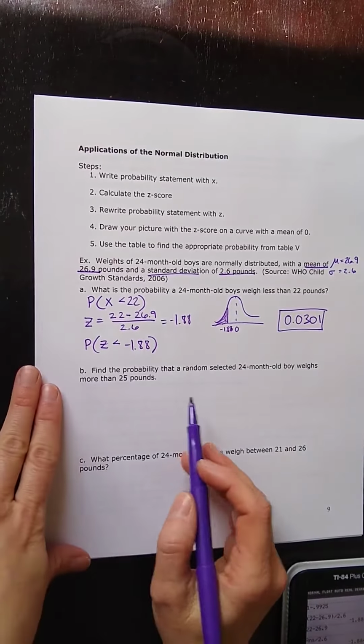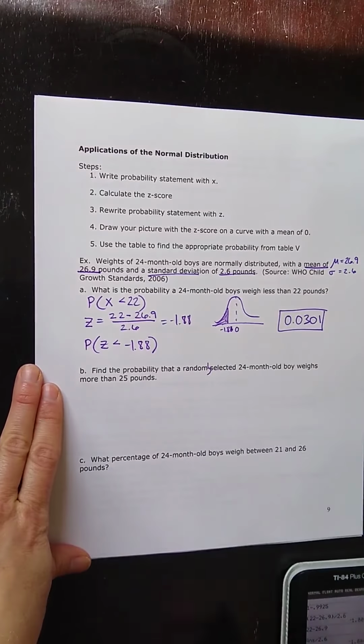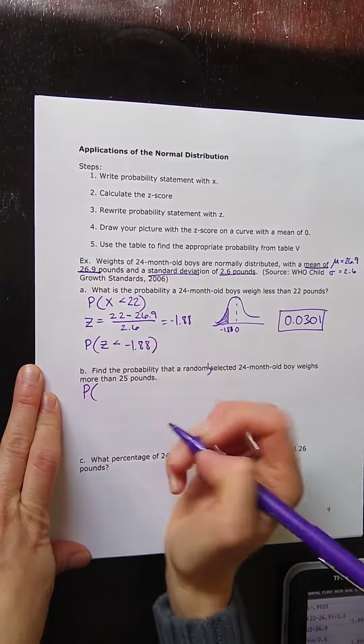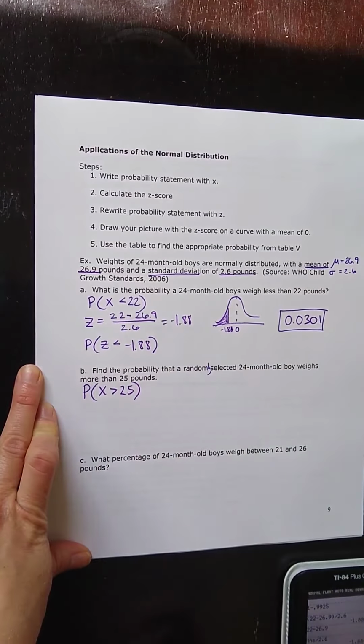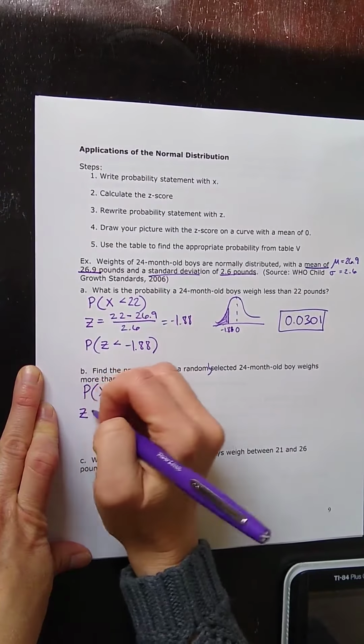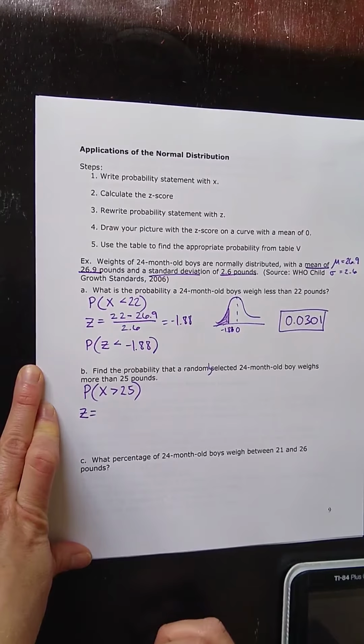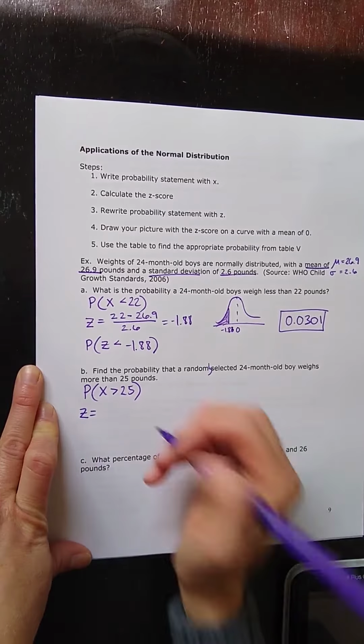Find the probability that a randomly selected 24-month-old boy weighs more than 25 pounds. So the probability statement with x is that I'm looking for when x is greater than 25. Now I need to find the z that matches up with the x value of 25. So I turn the 25 into a z.